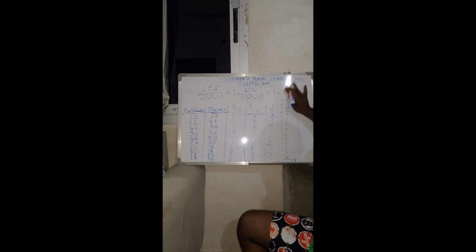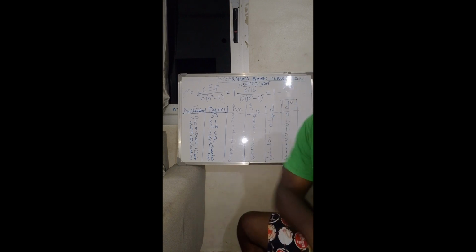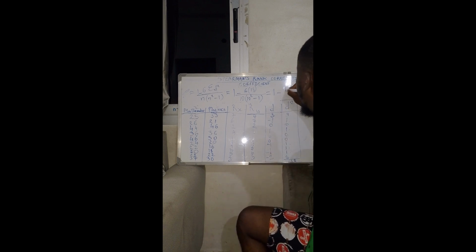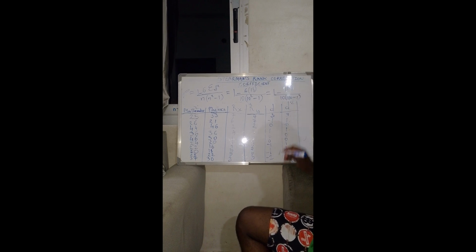So 6 multiplied by 18 is equal to 108. So we have 108 over our 10, open the bracket, 10 multiplied by 10, 10 square, is equal to 100, and minus 1, we close the bracket.